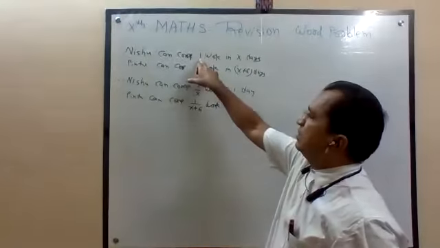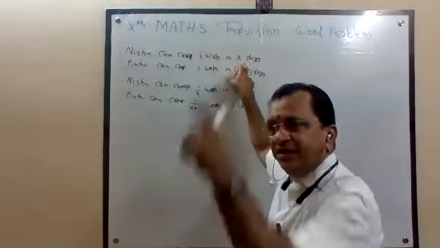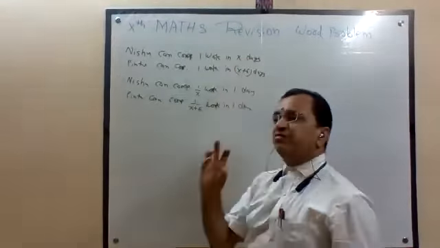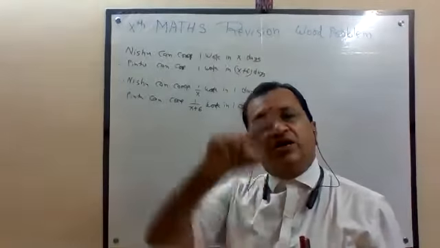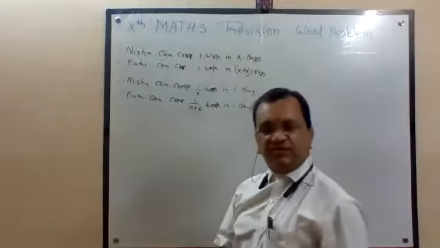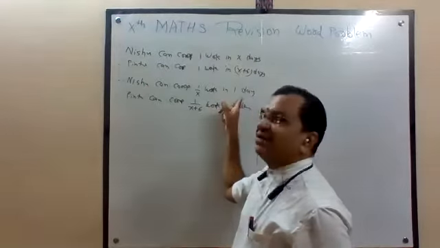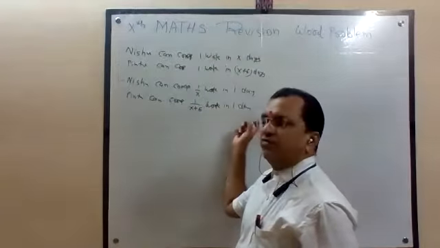If this person can complete one work in 4 days, every day he will do 1 by 4 work. If this person completes one work in 10 days, in every single day 1 by 10 work will be done. So this is the capacity of doing work in 1 day.